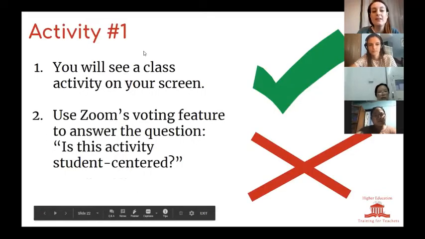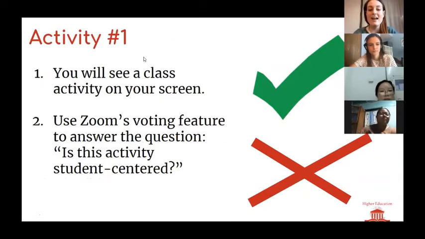Okay, so let's look at the first activity. You will see a class activity on your screen. I would like you to use the voting feature to answer the question. There's the yes button, the check mark, or the no, which is under participants. So is this activity student-centered or teacher-centered?